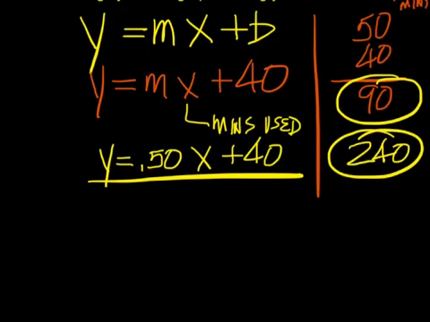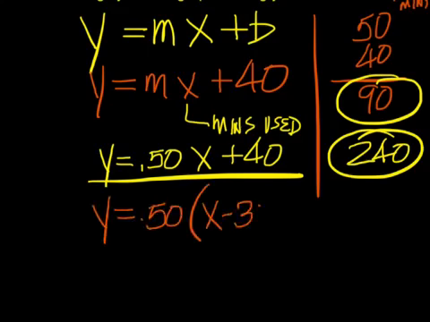So we have to have an equation that represents this, that lets us crunch it each time. Would it be 0.5 times the quantity of x minus 300? That's right. Each time you put in the minutes used, which is x, you have to take 300 away from it. She's right.